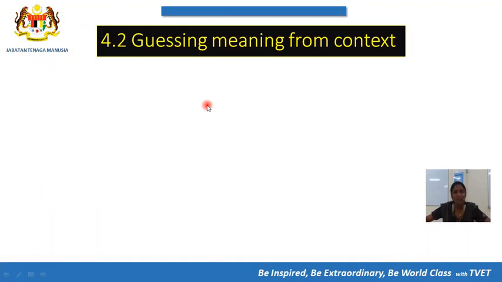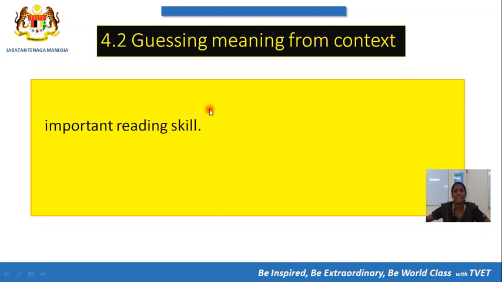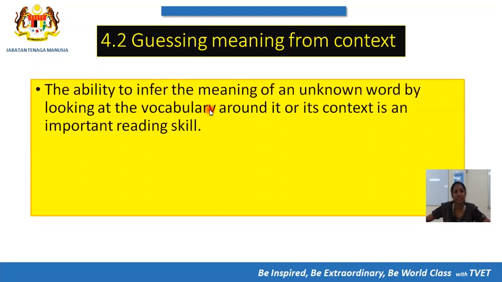Guessing meaning from context. So, what is that? It is actually the ability to infer the meaning of an unknown word by looking at the vocabulary around it, or its context, an important reading skill.